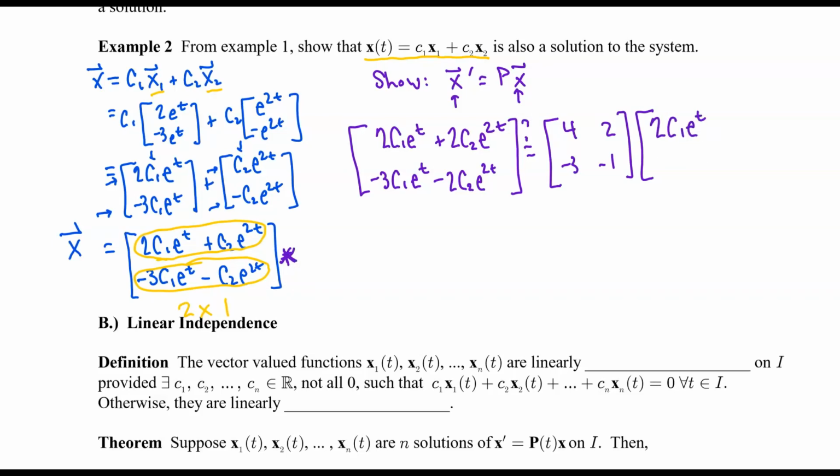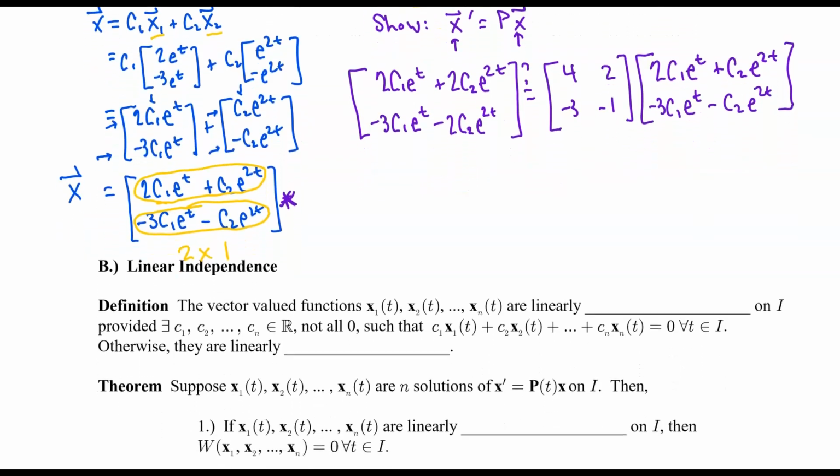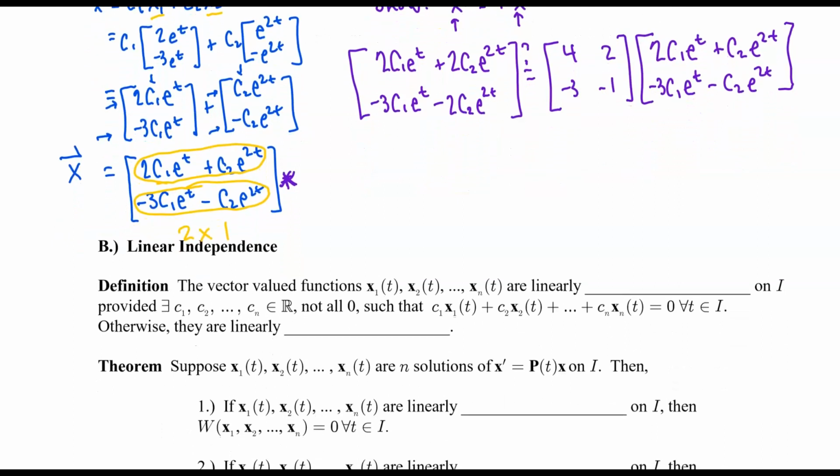2c sub 1 e to the t plus c sub 2 e to the 2t, negative 3 c sub 1 e to the t minus c sub 2 e to the 2t. So I need to carry out the matrix multiplication on the right to verify the equality. Since we're multiplying matrices, the coefficient matrix has 2 rows and 2 columns.